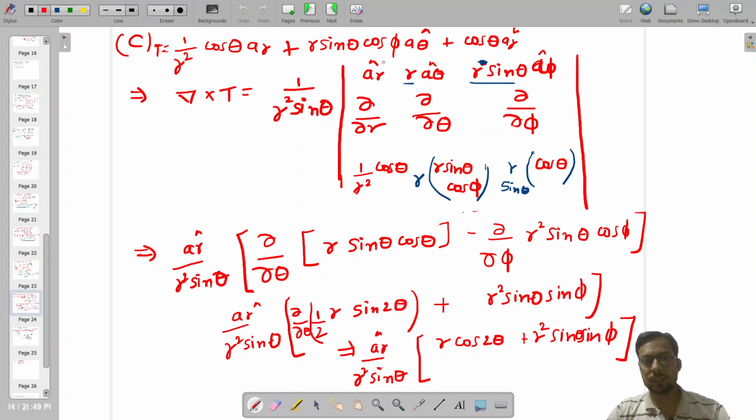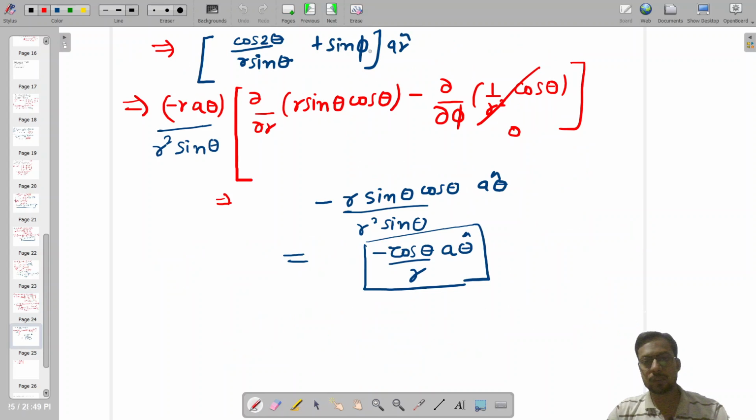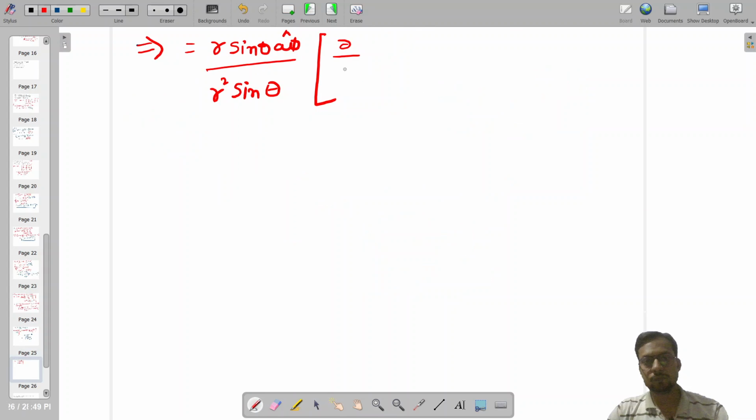So del upon del r of r square sine theta cos phi, minus del upon del theta of 1 upon r square cos theta.